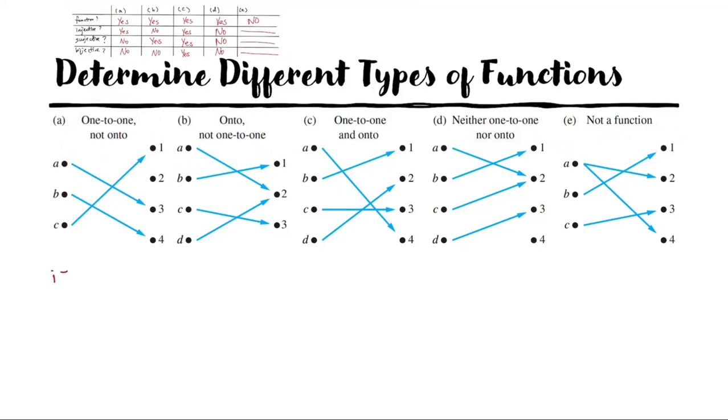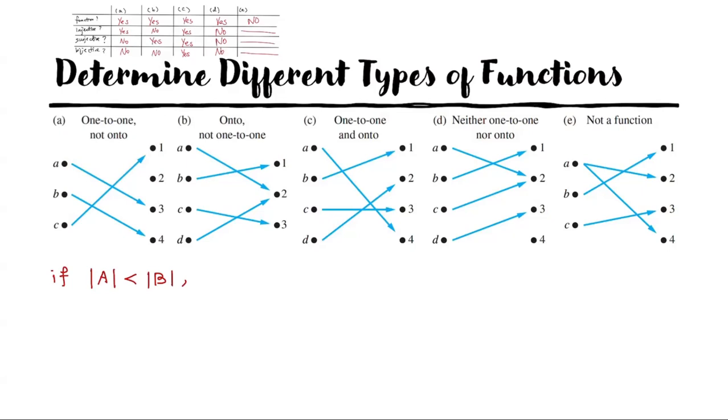So if we have the cardinality of A less than the cardinality of B, then what do we know?